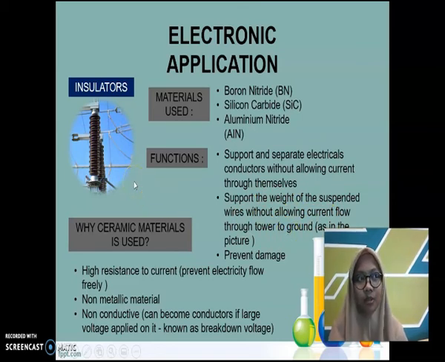As we know, we can see the insulator on top of the transmission tower in an electric tower, because it is resistant to the current, so the current will not flow through it to the ground. Why is ceramic material used? Because it is highly resistant to current, non-metallic and non-conductive, so the voltage cannot go through it.